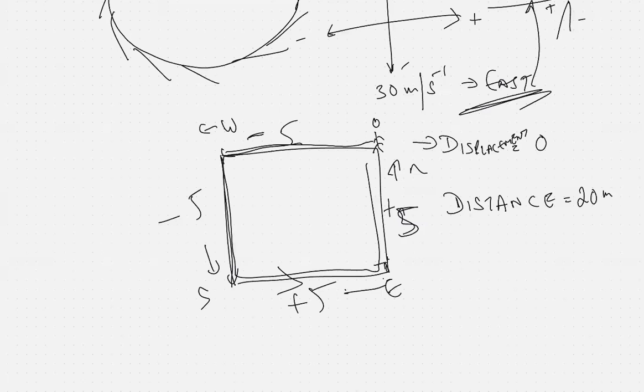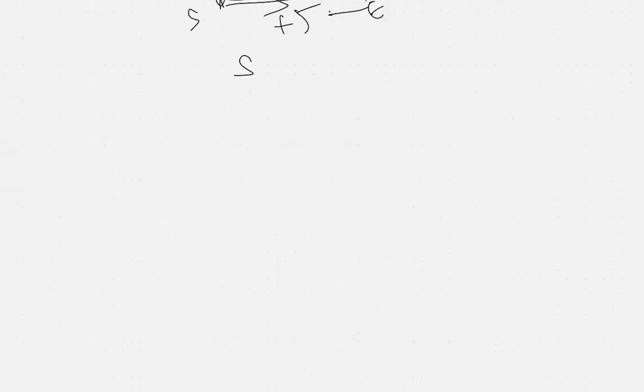Now let us go for speed and velocity. Speed is given by distance divided by the time. Okay, because per is the rate. So the rate is relevant to the distance here.